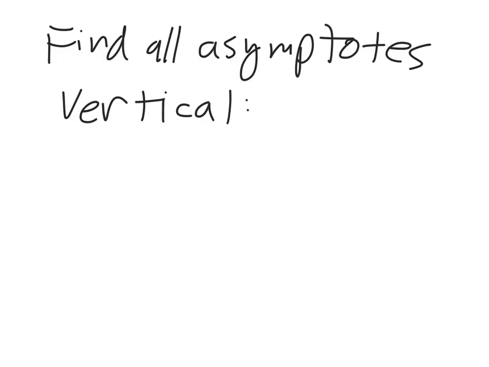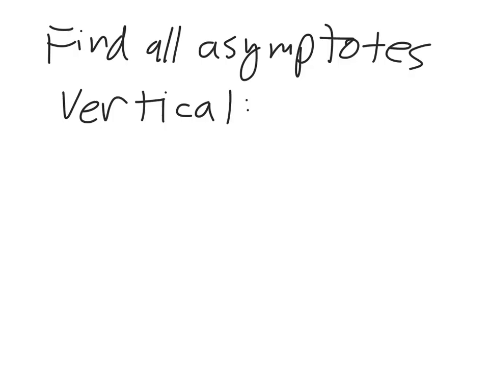When you try to factor the function and then cancel, then what's left of it. Right. Simplify the function first. Most students would look at this and say anywhere the denominator is 0.